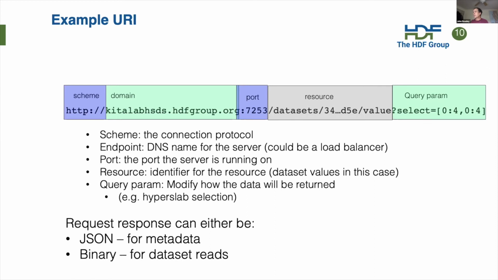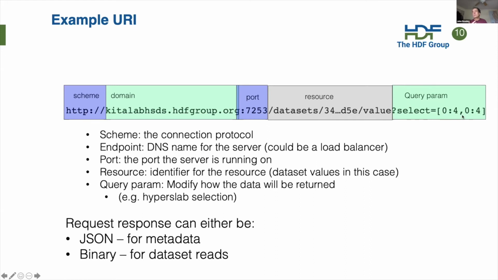Here, the resource is data sets, referring to a data set, and then the GUID. So now I'm talking to a particular data set. And in this case, I want to get the value for that data set. And I suppose maybe the shape or the type. And I don't want all the values, I want to get this 4x4 block of values, right?